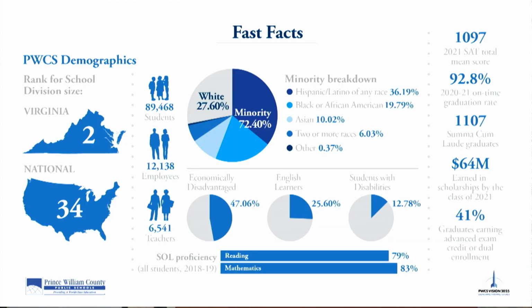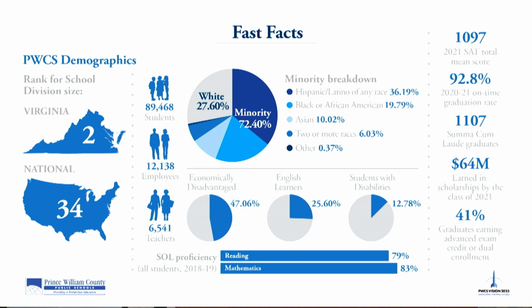Here are a few fast facts about Prince William County Public Schools. We are the second largest school division in the state of Virginia, 34th largest in the nation. We are the most diverse county in the state of Virginia and the 10th most diverse county in the nation. Currently, our minority population makes up about 72% of our student demographic.